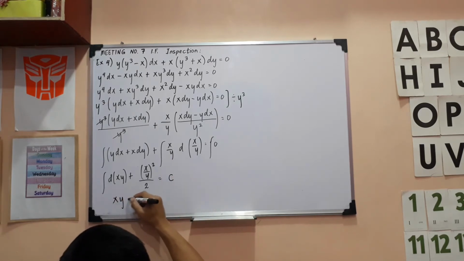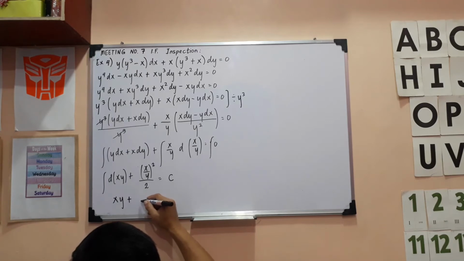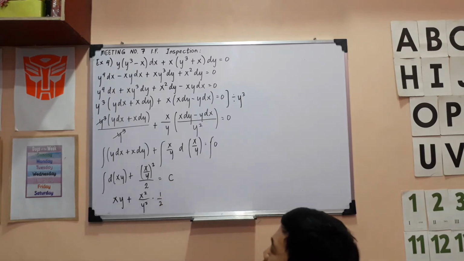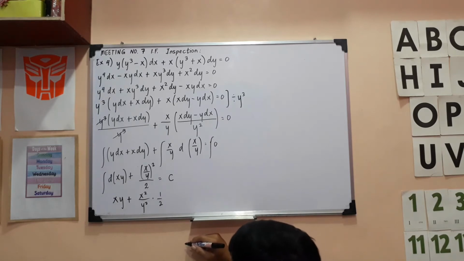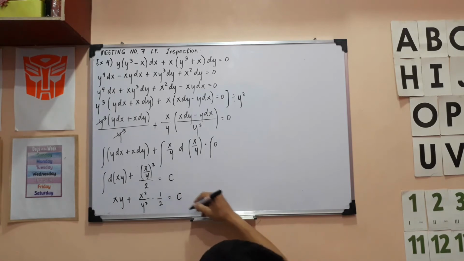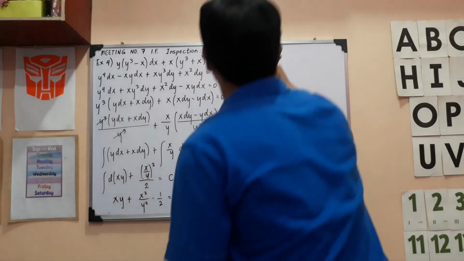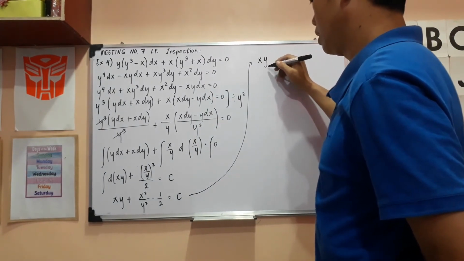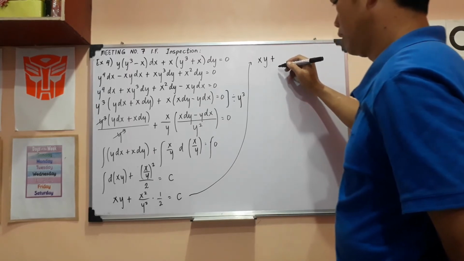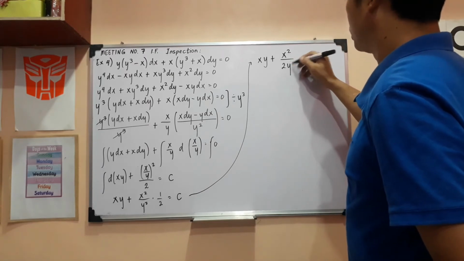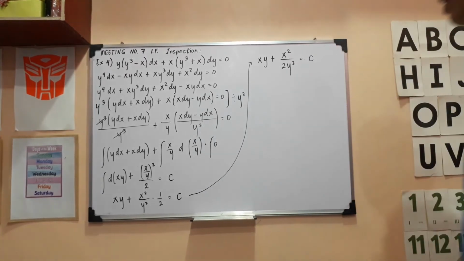Or this is xy plus x square all over y square times 1/2. Okay? Reciprocal. X square all over y square times 2 over 1 reciprocal is 1/2 is equal to c. So, simplify na lang. We have xy plus x square all over 2y square is equal to c.